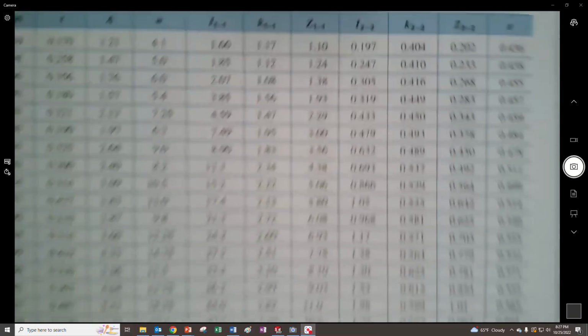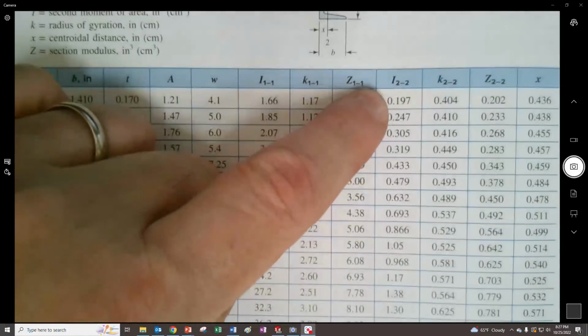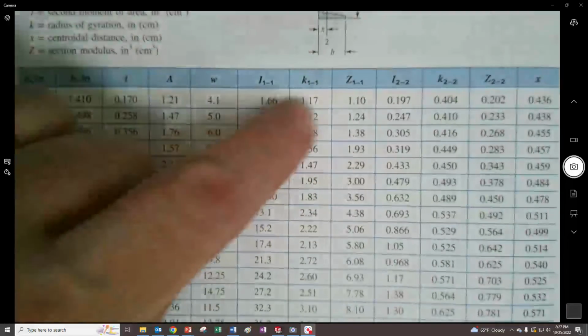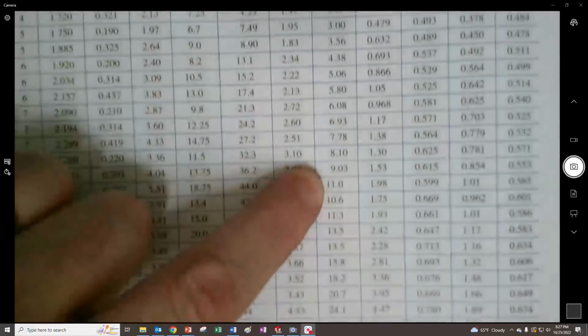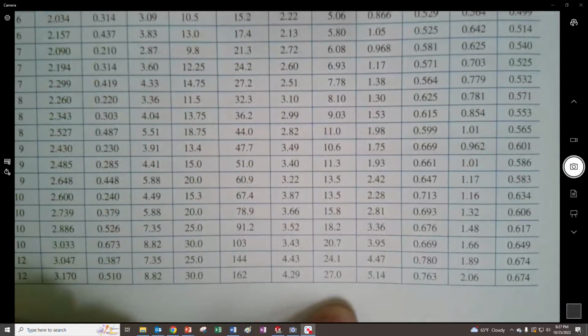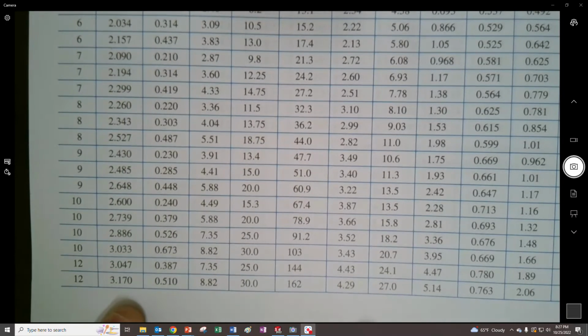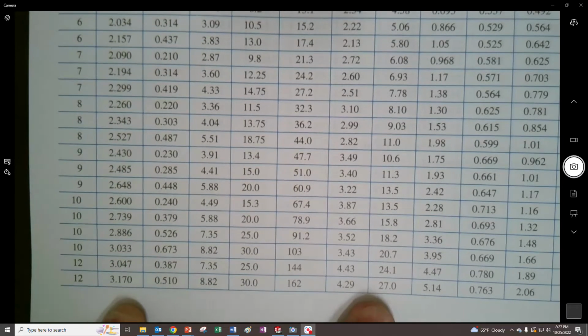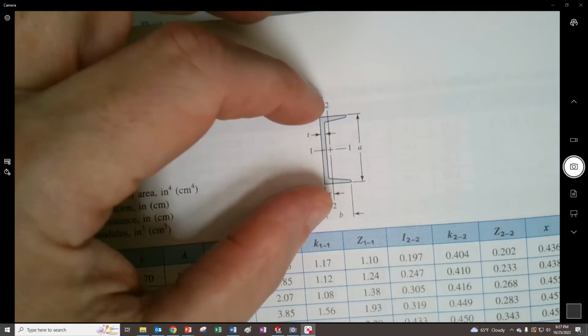We take our Z, our section modulus right here, and we see that we don't get up to that high. Actually, that's pretty big. That's a foot wide thing right here.